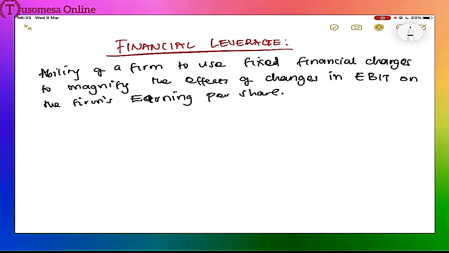Now, what are these fixed financial charges that we're talking about?